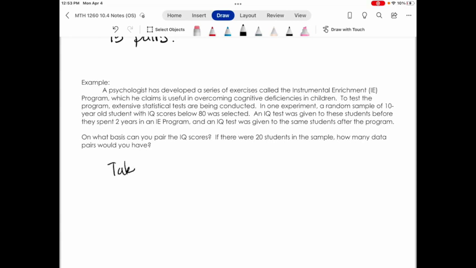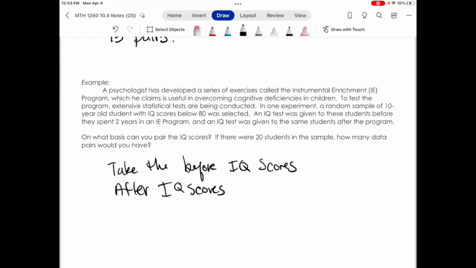So if we take the before IQ scores and the after IQ scores, and we're talking about before and after being in this program, the IE program, that would create the pairs. So for each student, you would take their before score and their after score, and that would be a matched pair.